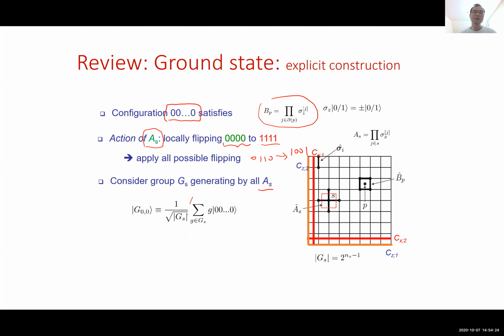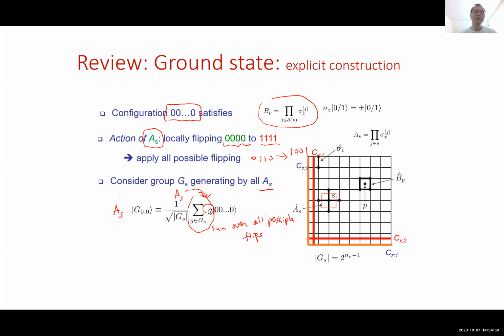The idea is simple, you just sum all possible flips. Therefore, any AS is part of that, so it gets absorbed into the G here. Okay, so that's the idea.